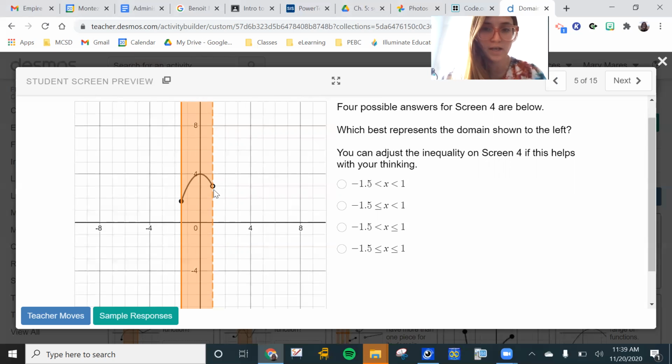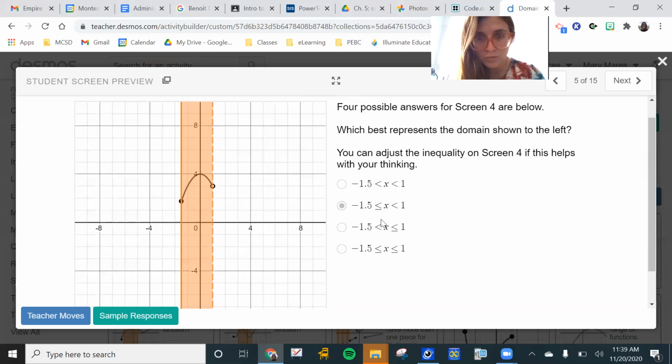And I don't want to include 1. So negative 1.5 is all the same, 1 is all the same. But again, I want to have a less than or equal to symbol over here, and I want to have just a less than symbol over here. So those two won't work.